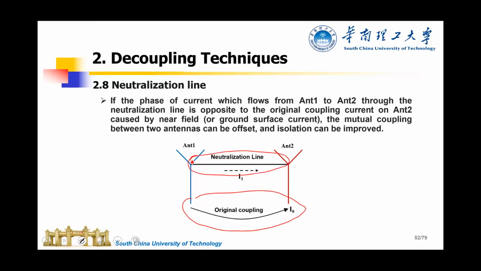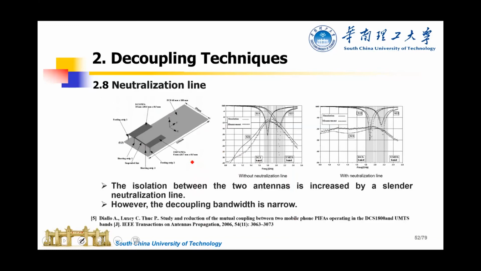When this coupling has similar magnitude but is out of phase, the coupling can be cancelled, so isolation can be improved. Like these two antennas, very simple. Just introduce a line connecting these two antennas, so you get good isolation.